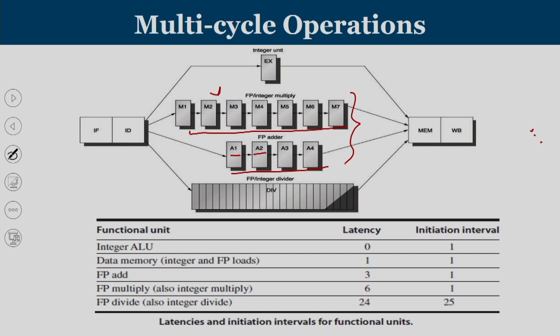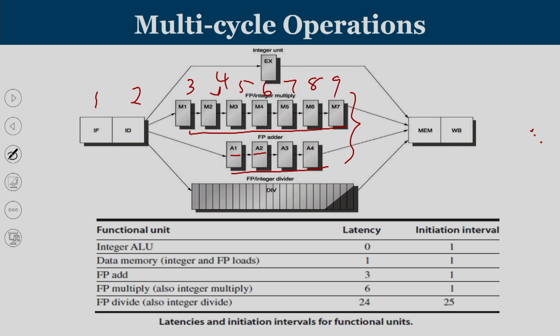That means the multiplication operation after the decode stage will itself take 7 clock cycles, M1, M2, etc. up to M7. So, if the instruction fetch happens at clock cycle 1, decode happens at 2, then 3, 4, 5, 6, 7, 8, 9.